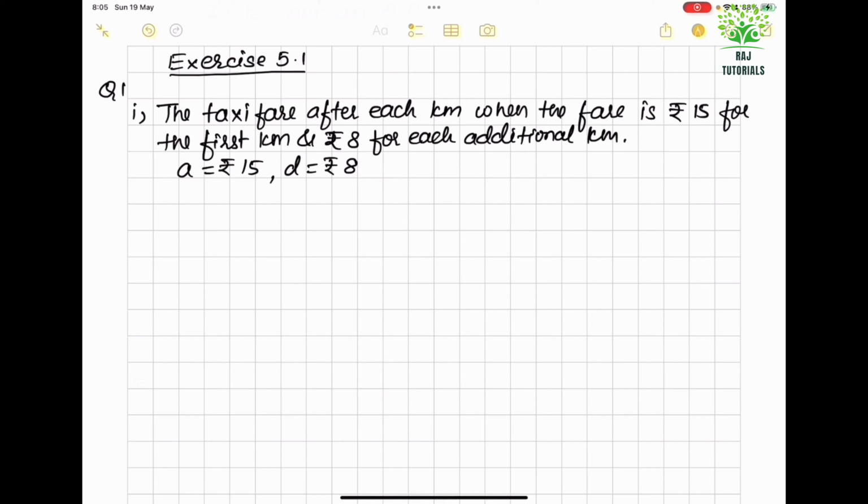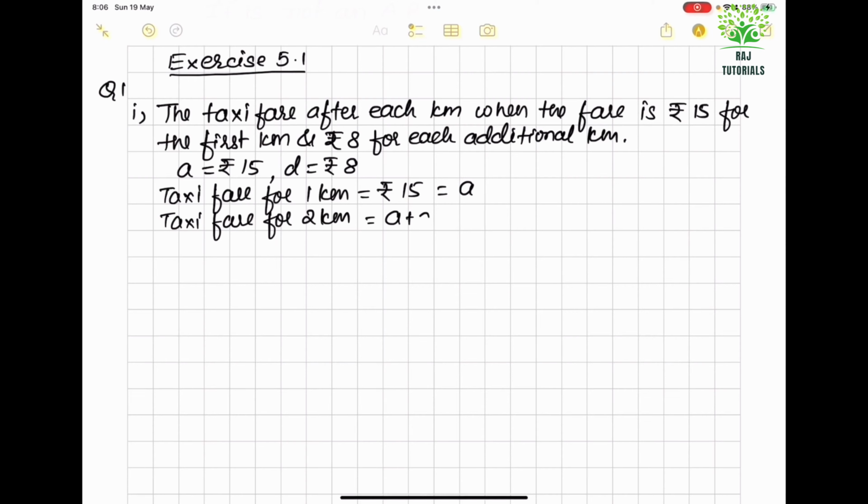So he is asking to find the taxi fare. So taxi fare for 1 kilometer equals rupees 15. That is nothing but A. Taxi fare for 2 kilometers, that is A plus D, that will be rupees 15 plus 8, so rupees 23.